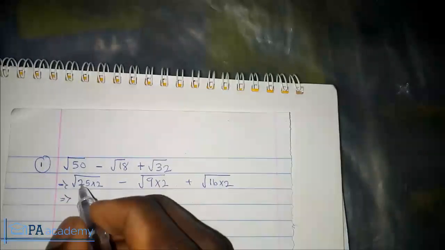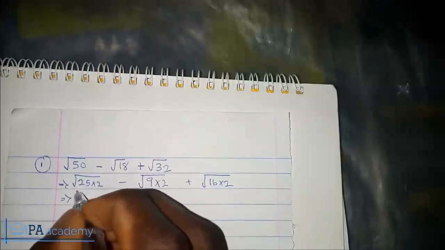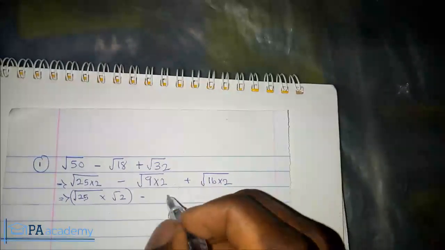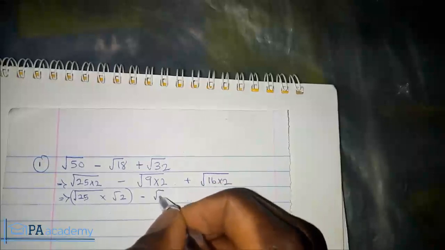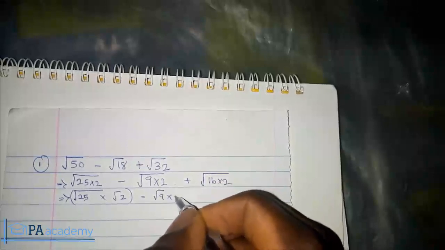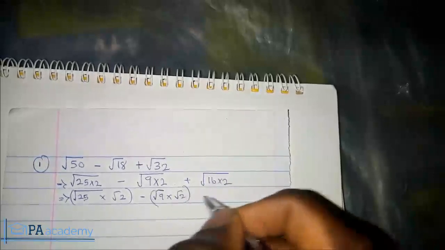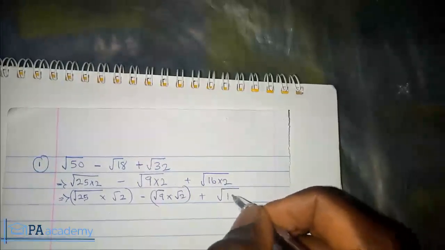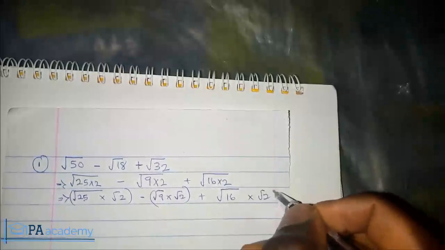So this will give us, we'll write it as square root of 25 times root 2 minus square root of 9 times square root of 2 plus square root of 16 times square root of 2.